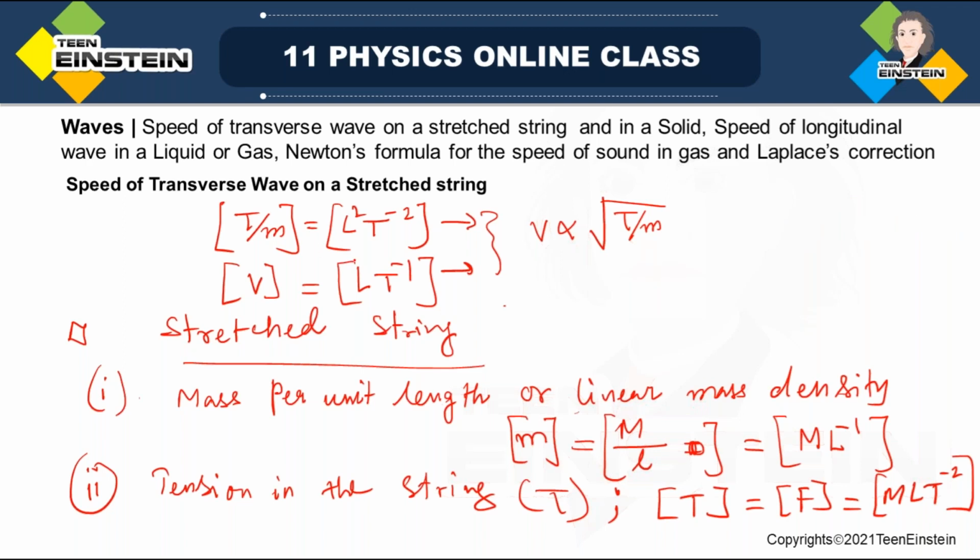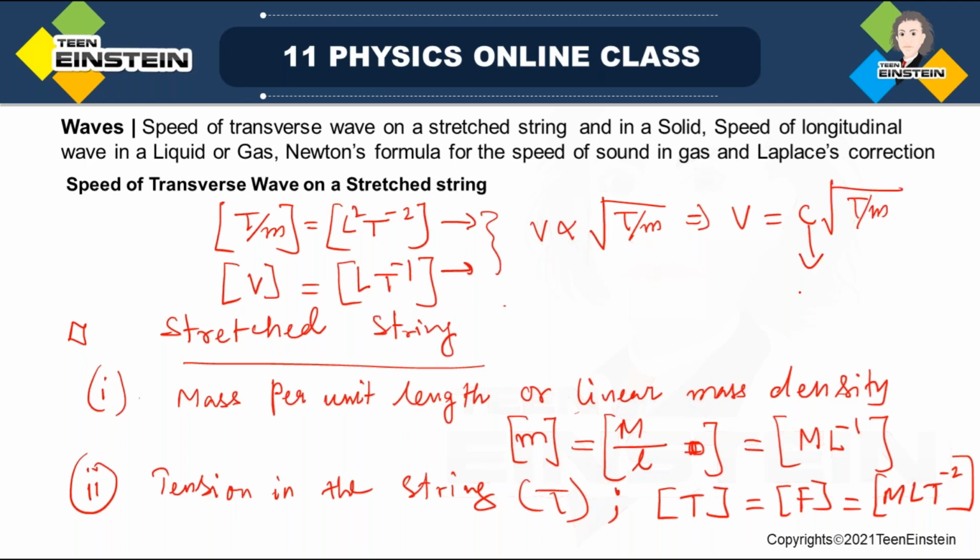What I'll do, I'll just come to an equation form. If you want to write an equation, you need to have a constant, so let me take the constant to be c, giving c root over T by m.